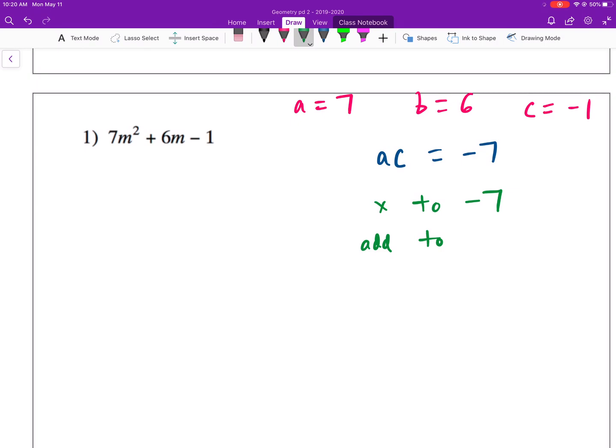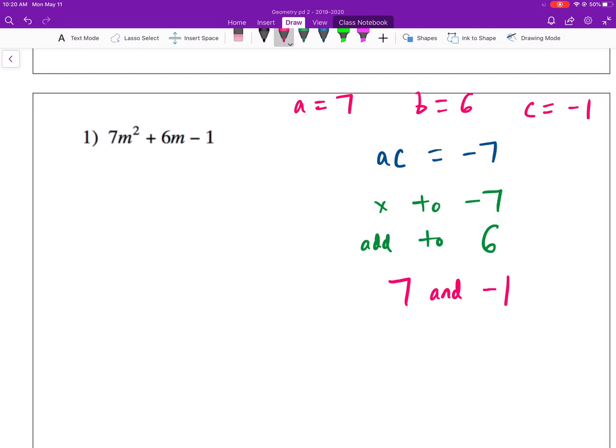The B value is equal to 6. So what are the two numbers, the two integers really, that are going to multiply to negative 7 and add to 6? Think about those values. All right, those two values would be 7 and negative 1.